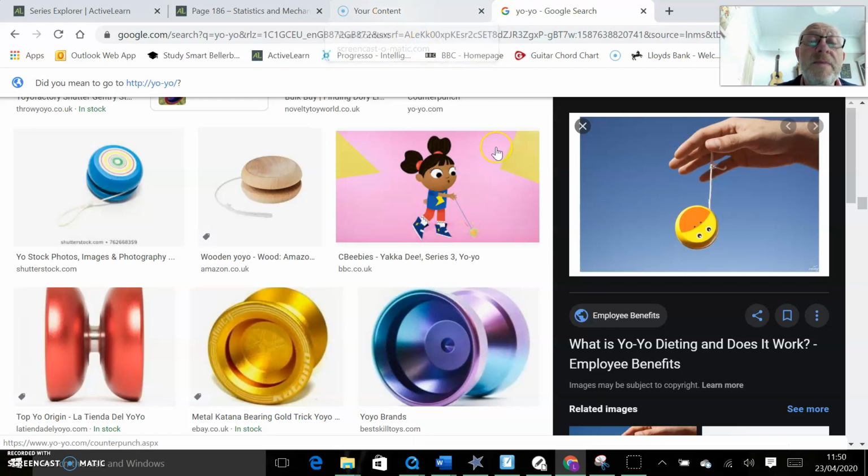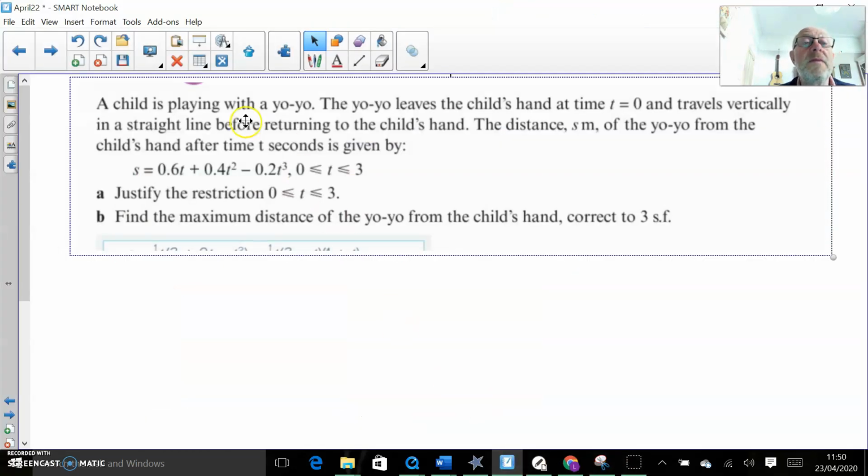So it's something that goes up and down vertically, and the acceleration is not constant. The yo-yo leaves the child's hand at time t equals 0 and travels vertically in a straight line before returning to the child's hand.